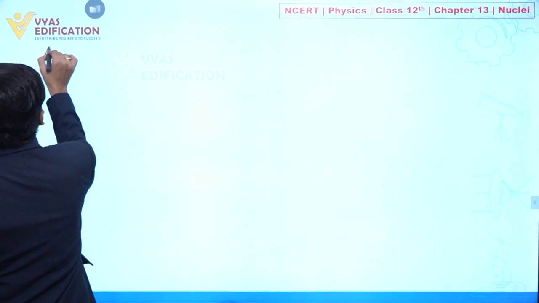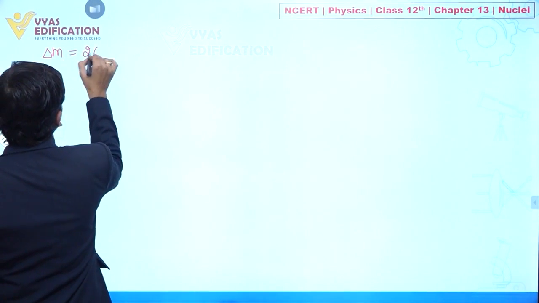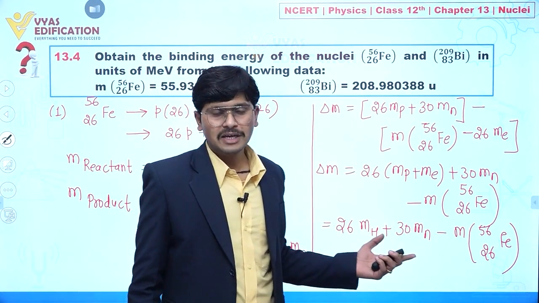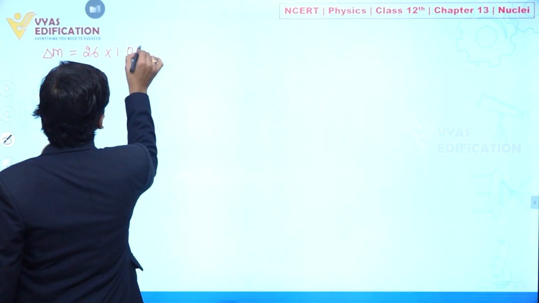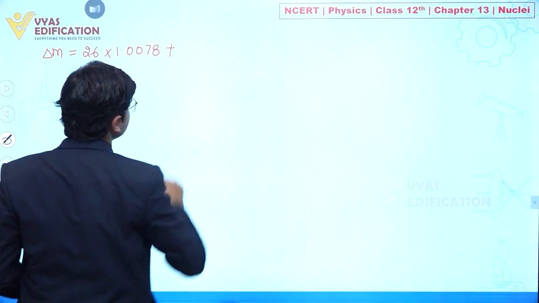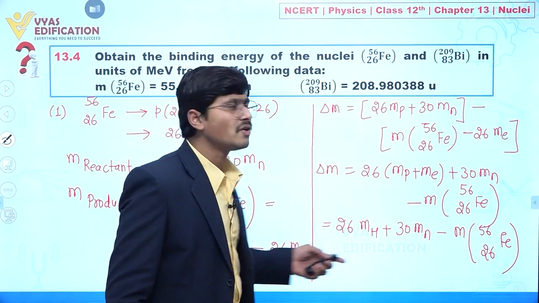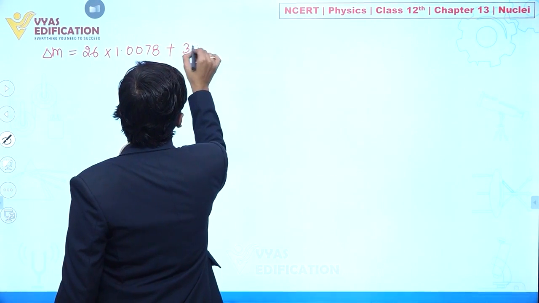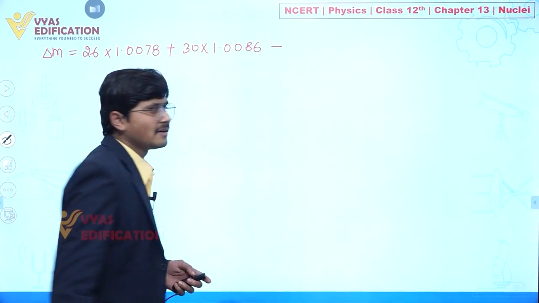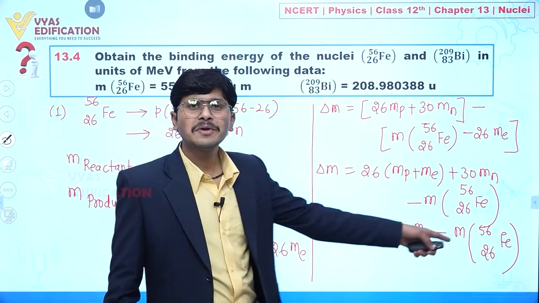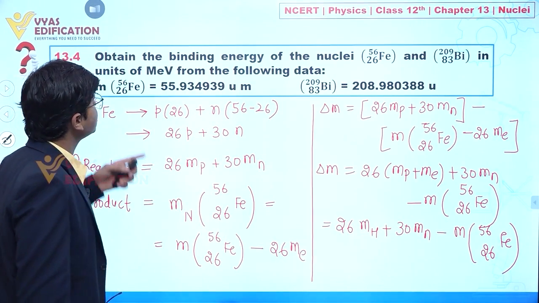So delta m equals 26 multiplied by, what is the value of the mass of hydrogen? The mass of hydrogen is 1.0078 amu, plus, now what about the mass of neutron? So 30 multiplied by 1.0086, clear.